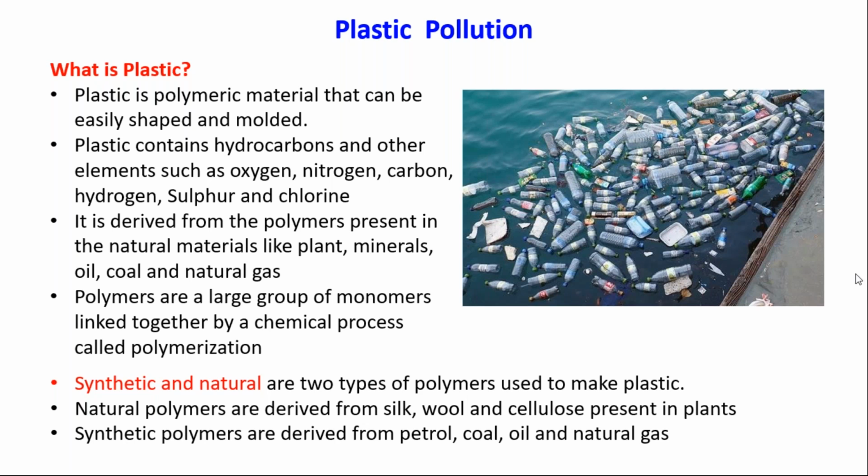So plastic is a polymeric material that can be easily shaped and molded. Polymers are compounds, meaning the combination of more than one monomer is called a polymer. Poly means more than one. Here monomers are single components or single substances.